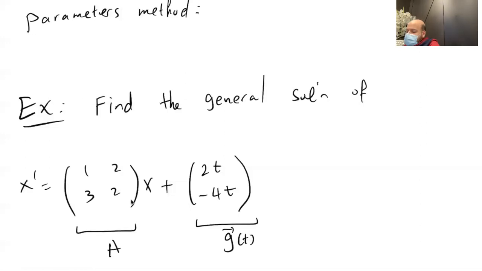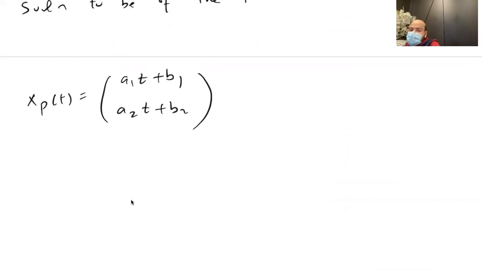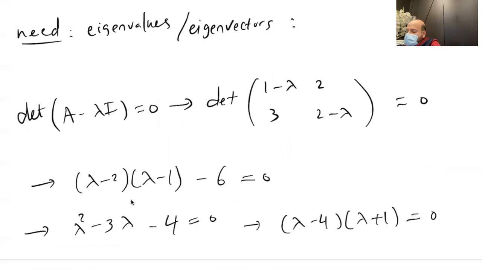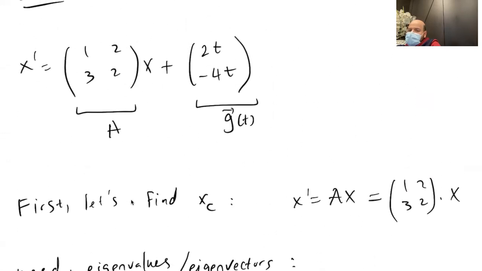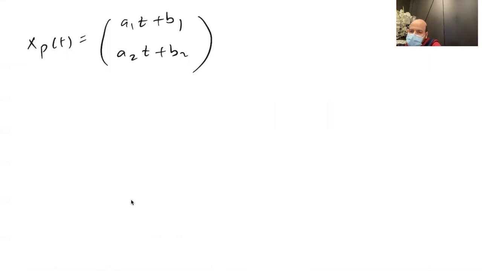Now here, the non-homogeneous part is 2t, so our guess will be a1 t plus b1 for the first coordinate. The only difference is that this time we have two coordinates, but we have a similar argument for each of them. The first coordinate is 2t, so our guess is at plus b. The second coordinate is minus 4t, so my guess will be ct plus d.